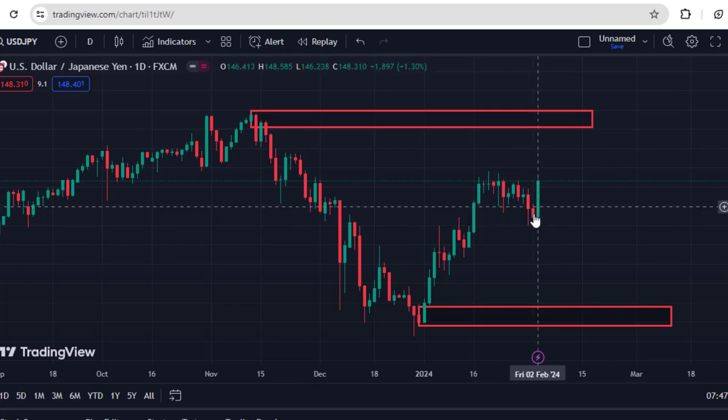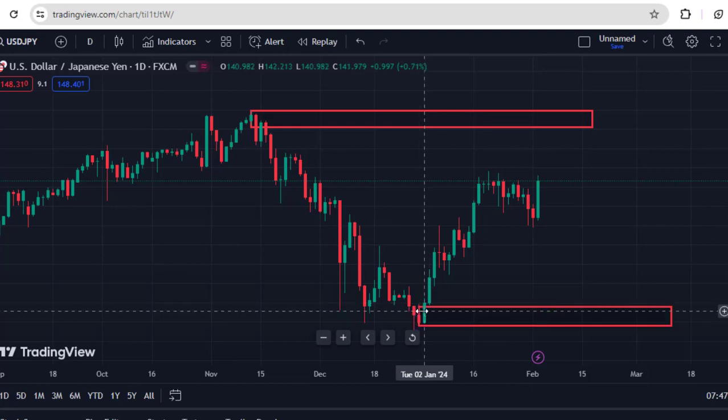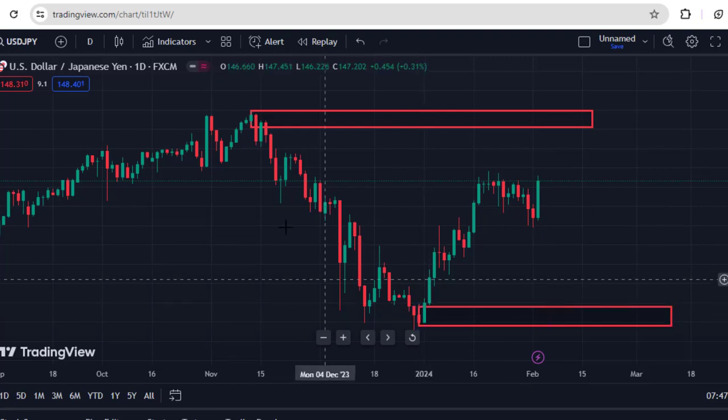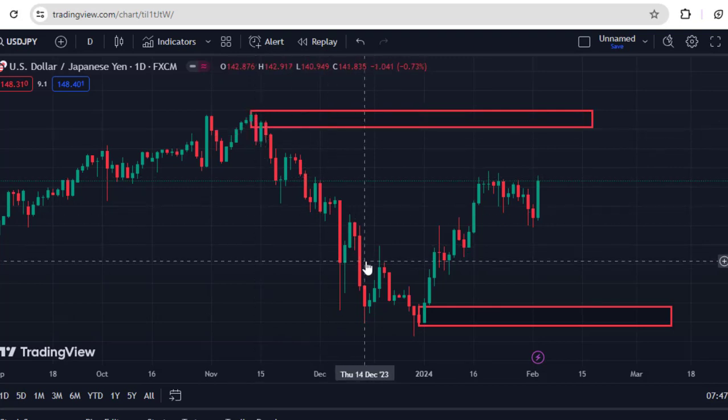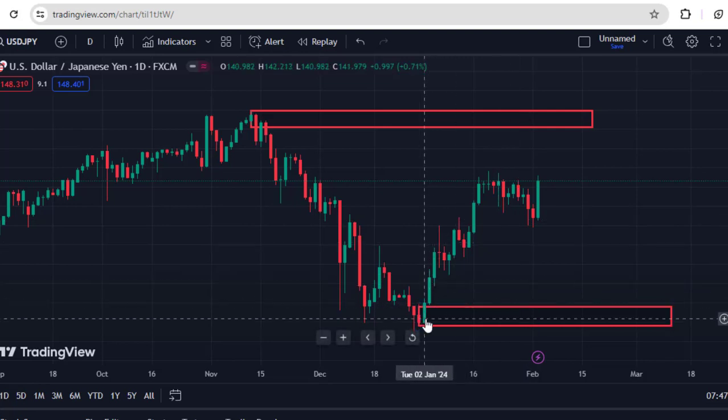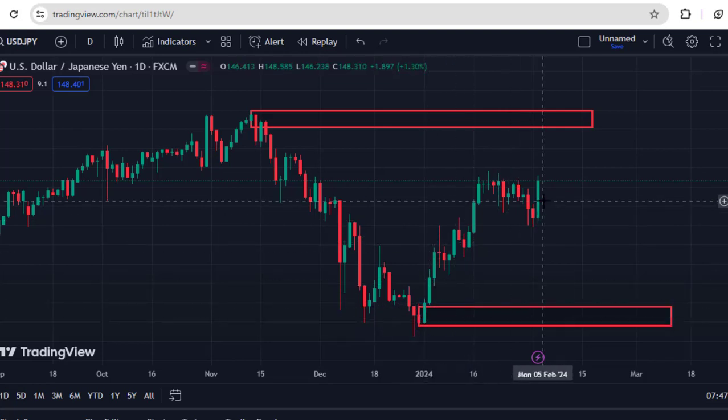This is where the market is right now. You're not considering this. The next strong support where we see a sporadic or significant market move from is this very area of support. And also for resistance, this very level of resistance is where we see the market move significantly downward from. So this very area is very close to price action. This very one is very close to price action as well.